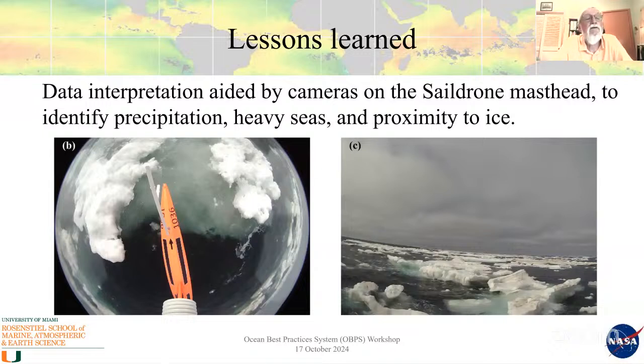Here, sail drone 1036 is nudging up against some ice. It wasn't intended to, but it does happen many times, in fact. So you're not really quite sure what you're measuring from the sea viewing radiometer. But from the point of view of comparing with satellite measurements, it doesn't matter because this was a very cloudy day.